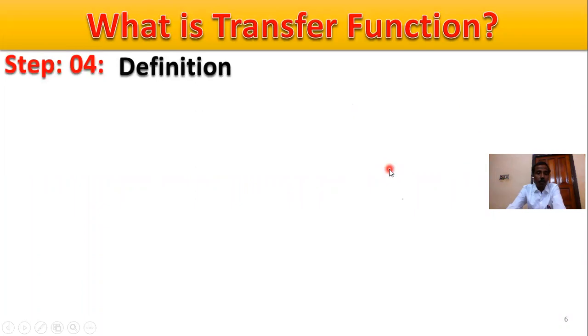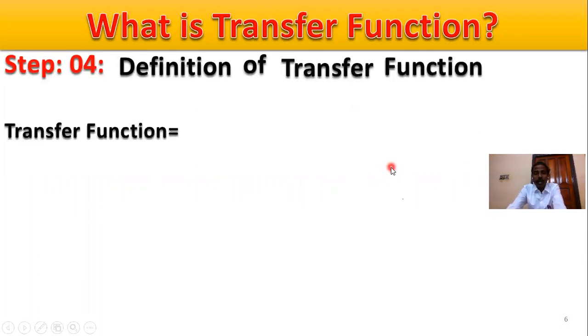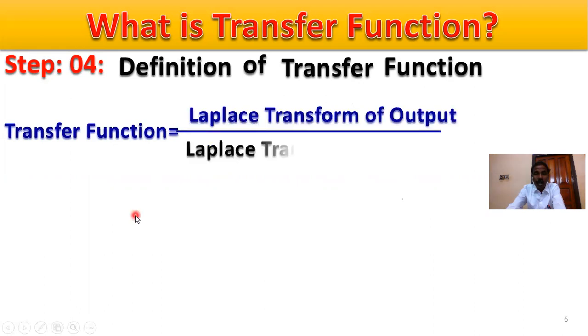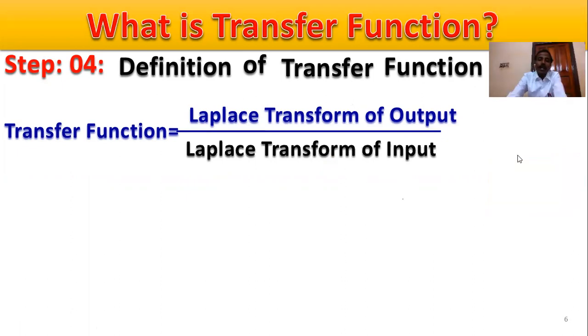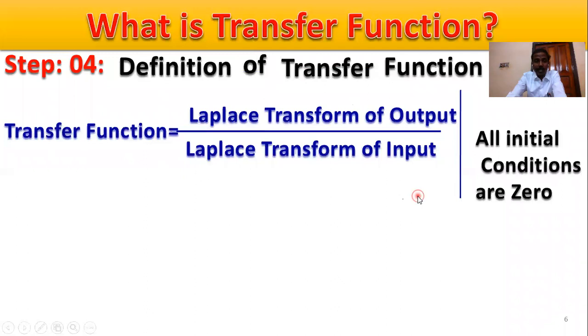Then step number 4, definition of the transfer function. What is the definition? Transfer function equals Laplace transform of output divided by Laplace transform of input, and all initial conditions are zeros. This is the definition.